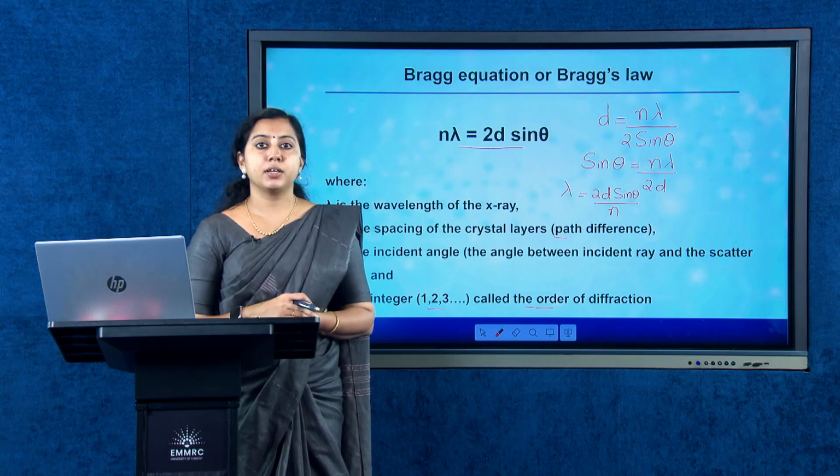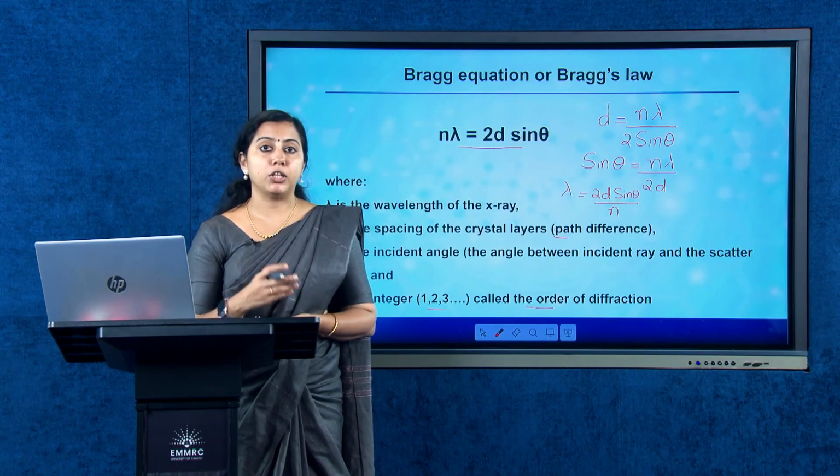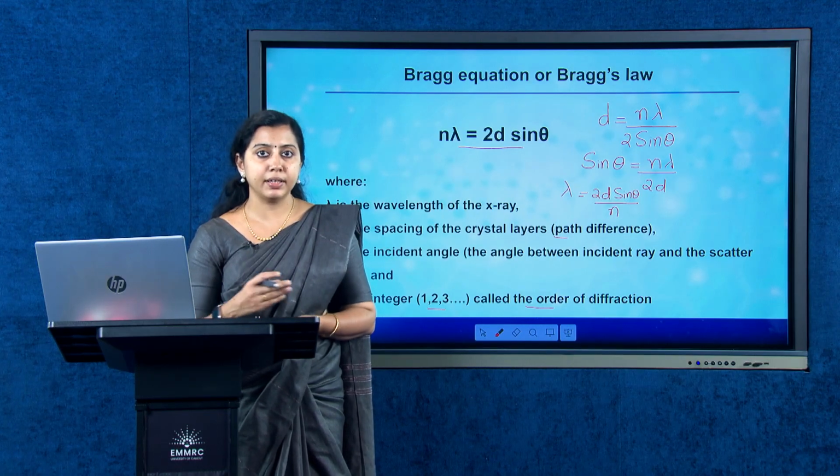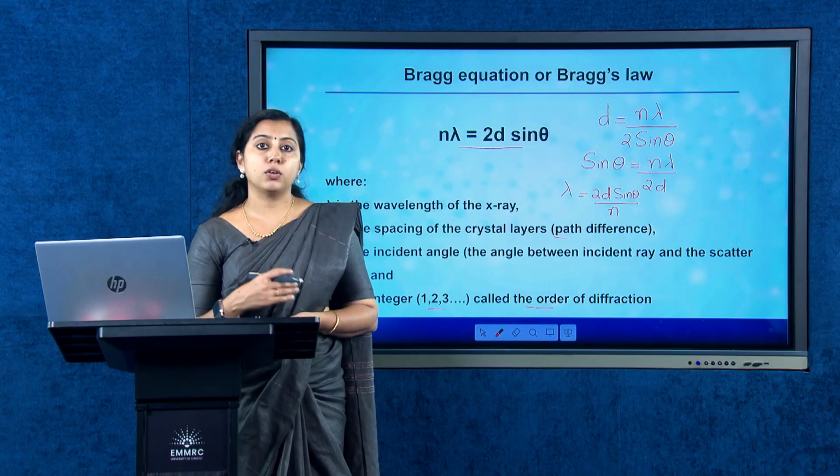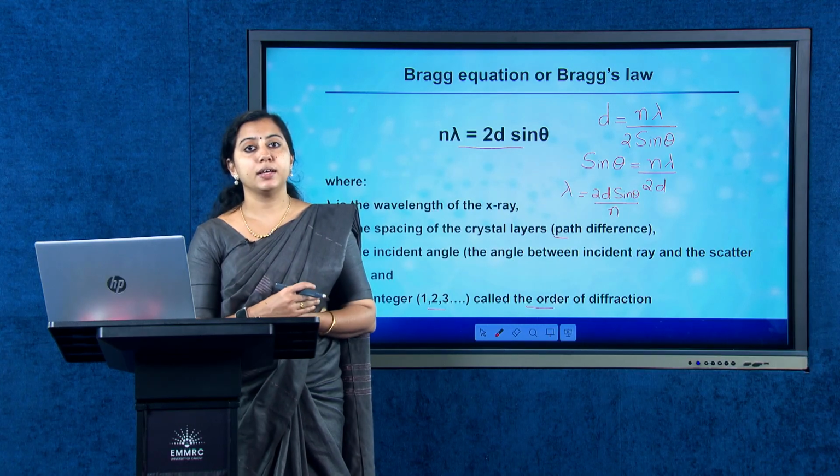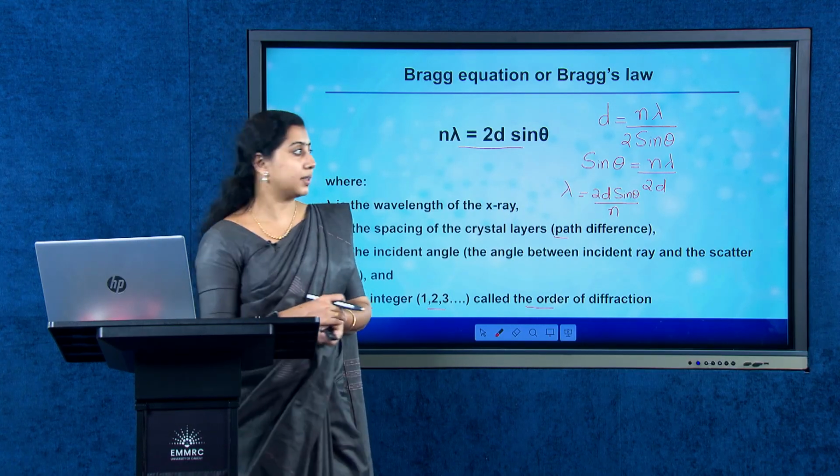In addition, if we get the value of spacing d, from that we can also calculate the edge length of the unit cell.